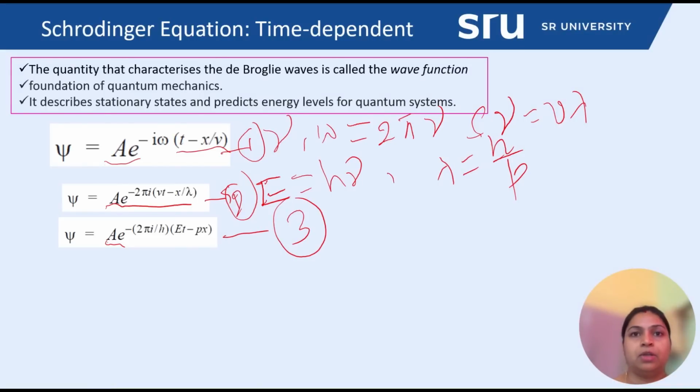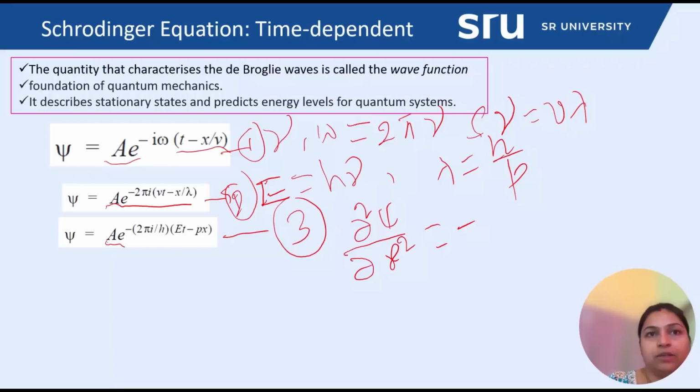Now if we do the differentiation of equation 3 with respect to x, then one can write del psi by del x. If we differentiate two times, del square psi by dx square, one can write minus 4 pi square p square by h square into psi.